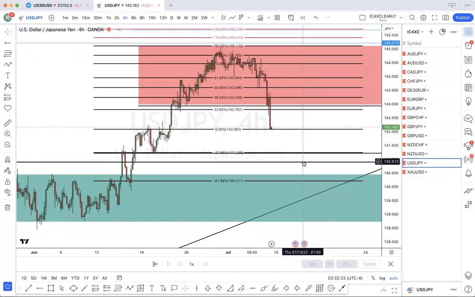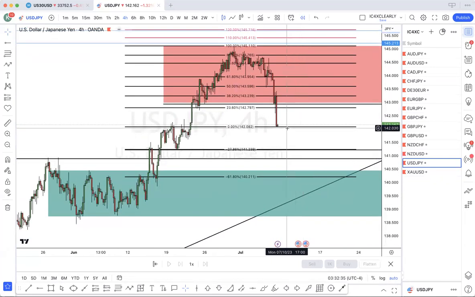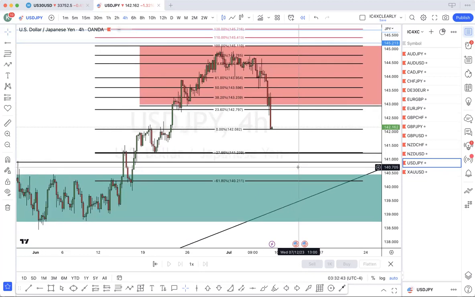Okay. And of course, once it taps into the negative 27, you can trail your stop, because price could possibly continue to the negative 618 to fill this. This was the impulse move that broke this structure. So price could come there.